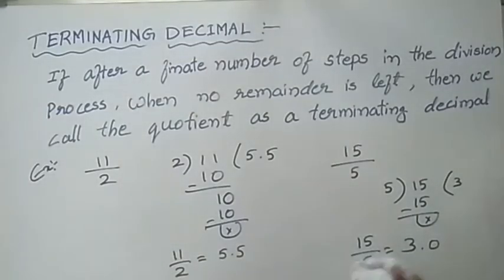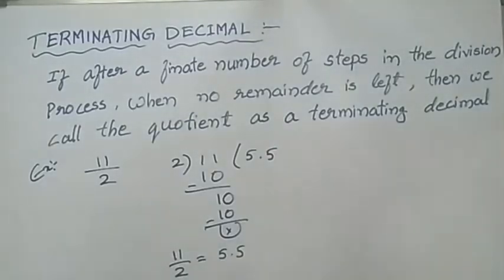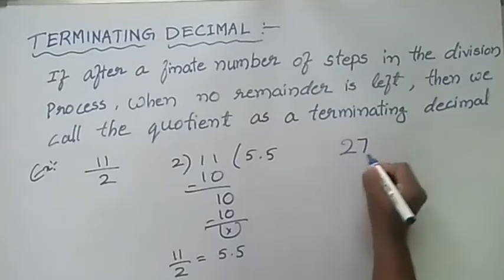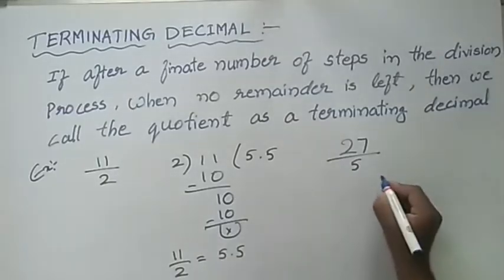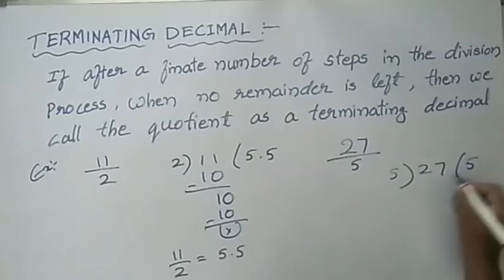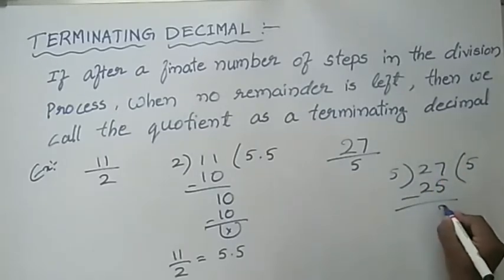One more example I will take. 27 by 5. 5 5s 25. 7 minus 5 is 2.